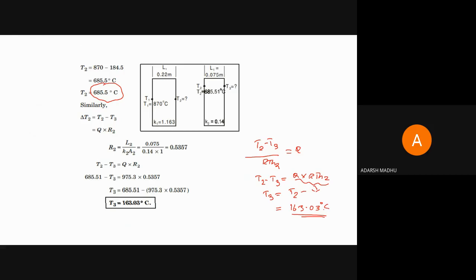But the other values will change. We can find them by the equation Q equal to delta T by RTH. Okay. So this is the basic problem that you want to study in this topic.